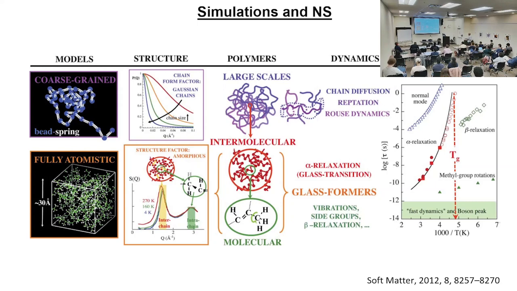Okay. Now, if you look at the dynamics, then you have alpha relaxations, vibrations, side groups, beta relaxations, and so on. You see all local modes, right? So all of this can be done by neutron scattering, and all of this can be done by simulations as well. So that's why they go together really well.